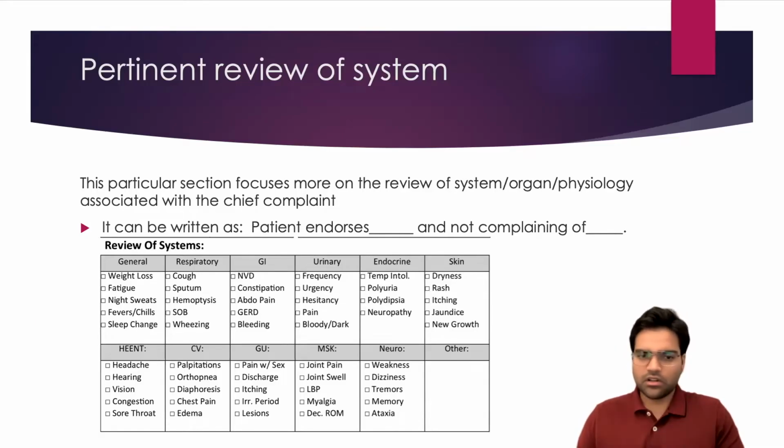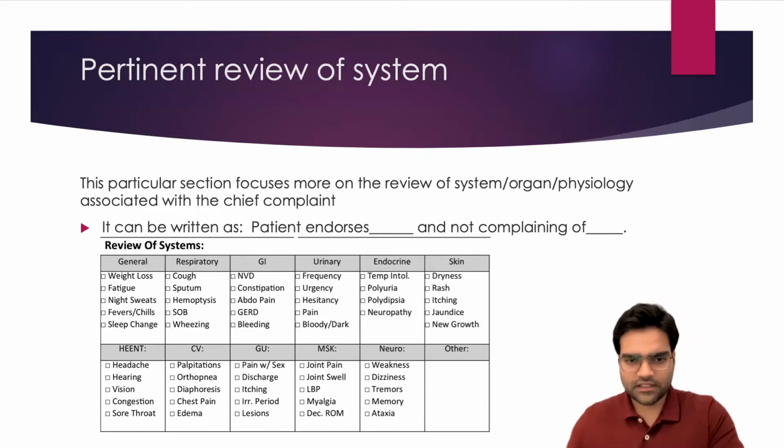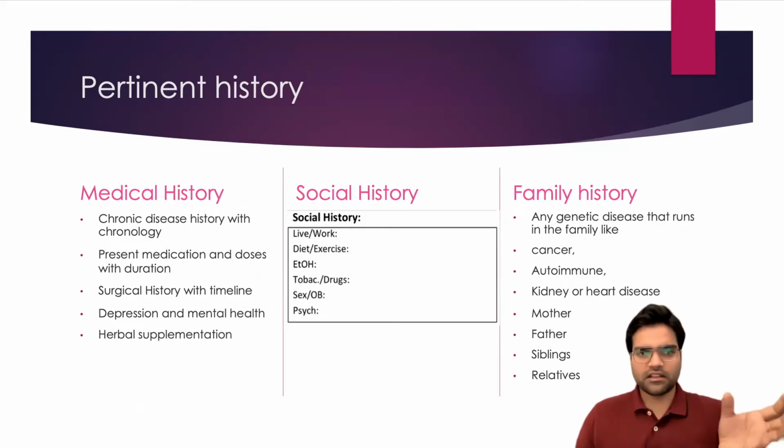All these review of system items you have to mention, some negative, some positive, so that we can reach our diagnosis even by listening to the HPI part. Okay. And after that comes the pertinent medical history, social history, and family history. So you have to mention that in the subjective part, that medical history.